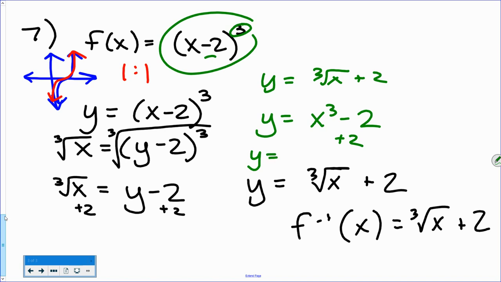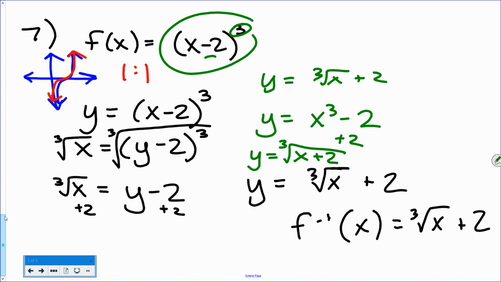So my answer would have x plus 2 all under the cube root because it matters which thing goes first. All right, so if you're getting that and you can skip some of these steps, I won't know. But make sure you're taking your time with it and following your undoing order of operations, basically.